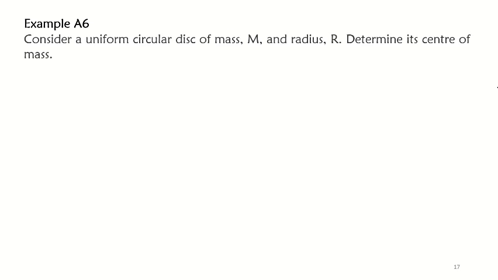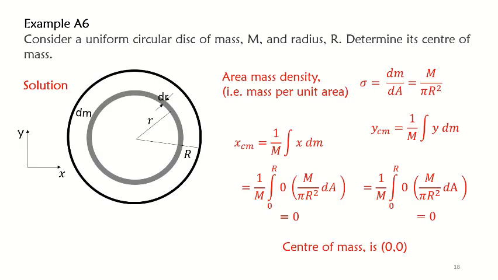Likewise, for a circular disk of mass m, you can determine the center of mass. Now, this is a disk. What is a disk? This is two dimensional. So in this case, we are not dealing with linear mass density, we are dealing with area mass density, represented as sigma.